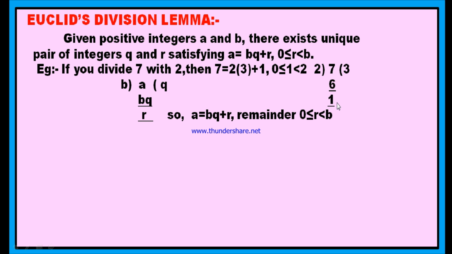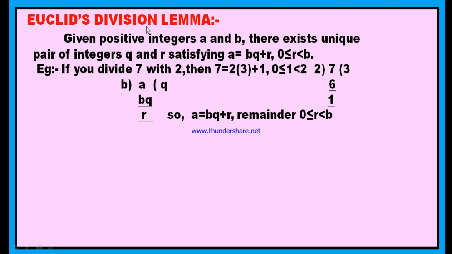It should be less than 2. Similarly, if we divide with 3, the remainder should be either 0, 1 or 2. Since we are dividing 7 with 2, 7 is equal to 2 times 3 plus 1, and this 1 means remainder should be greater than or equal to 0 but less than the divisor 2.